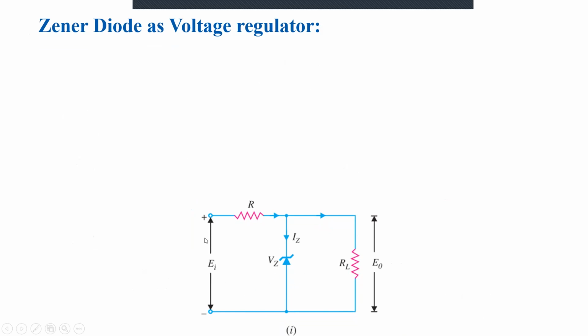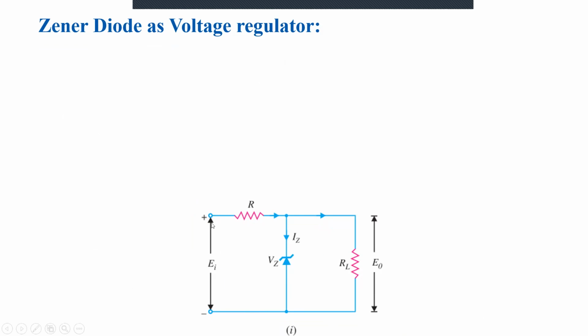So here, irrespective of the input and irrespective of the load, we should get the constant output voltage. And that circuit is called a voltage regulator. Voltage regulator means the circuit which gives you the constant output voltage irrespective of the input voltage and the load resistance.